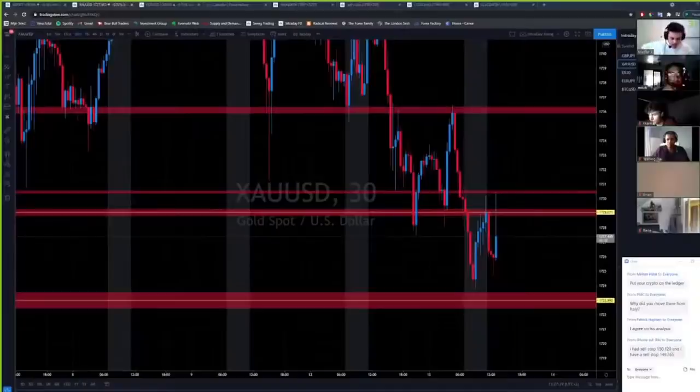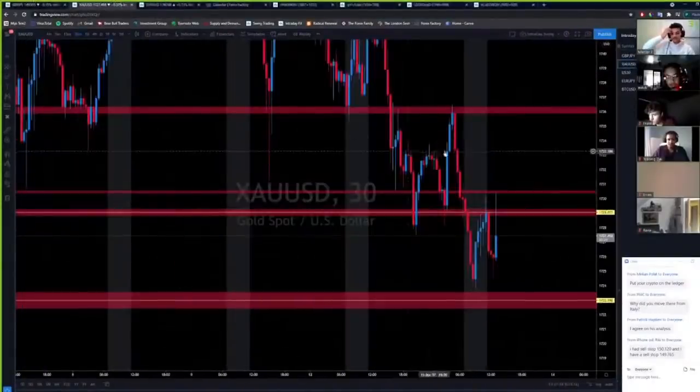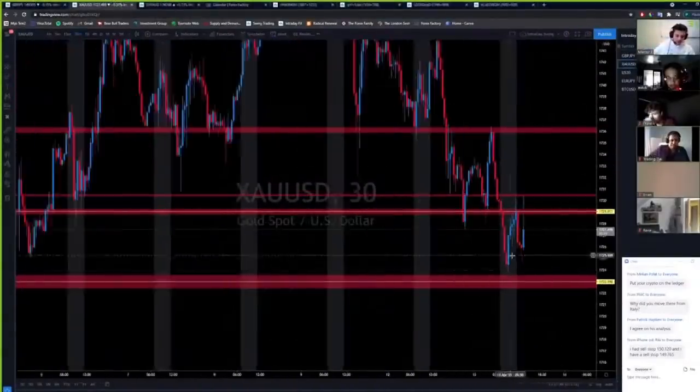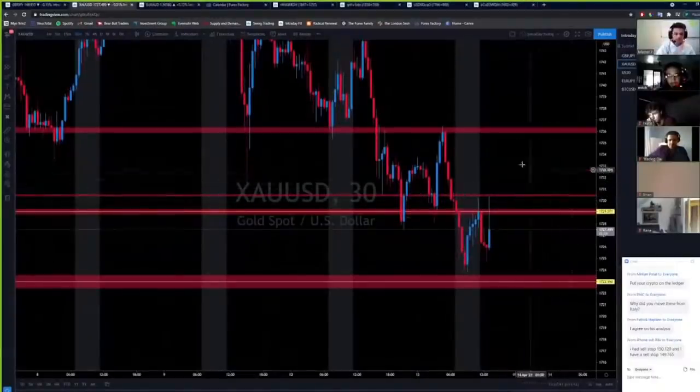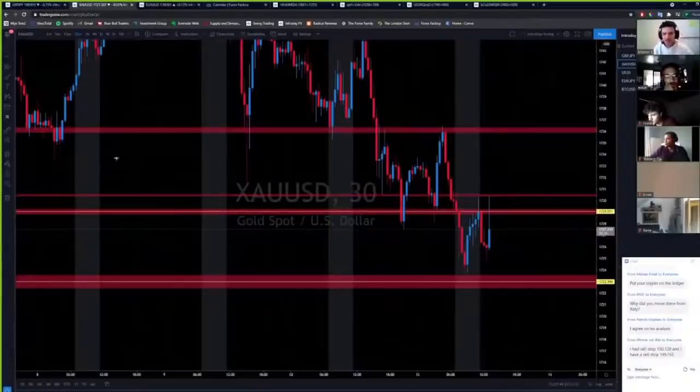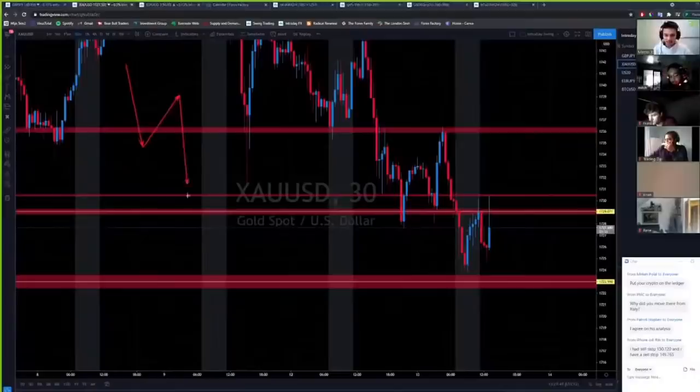At what point do you go against your bias? Oh, that's a good question. How can I explain this? Basically, when you start to get confirmations in the other direction. So let's say your bias is to go down, then you want price to create lows and lower lows, lower highs.